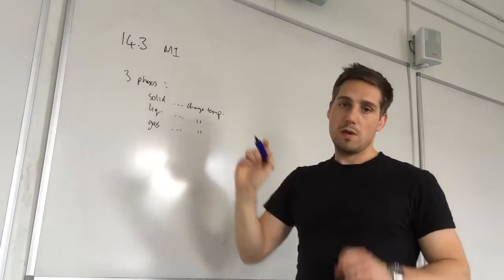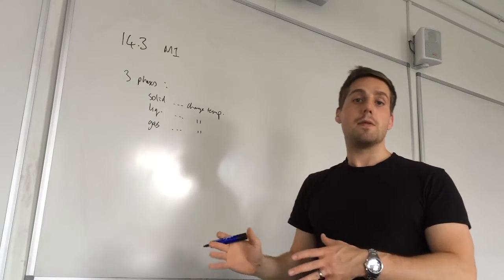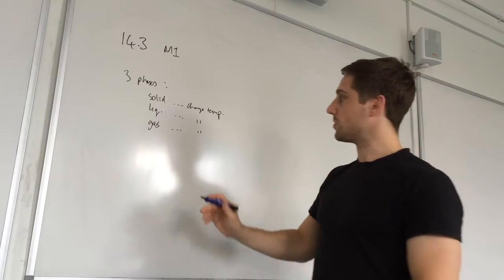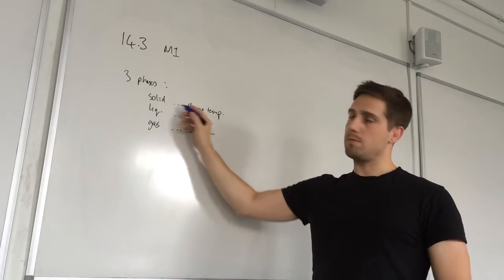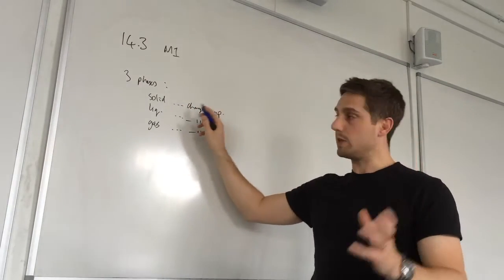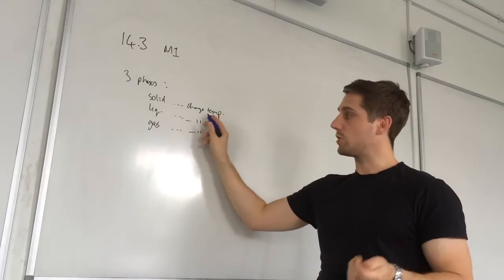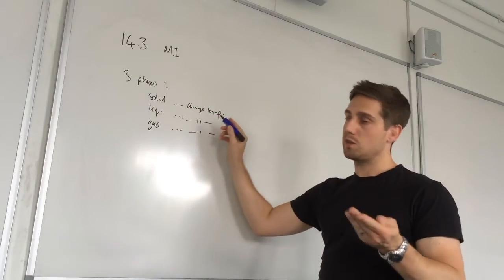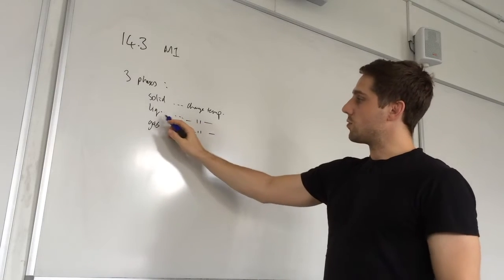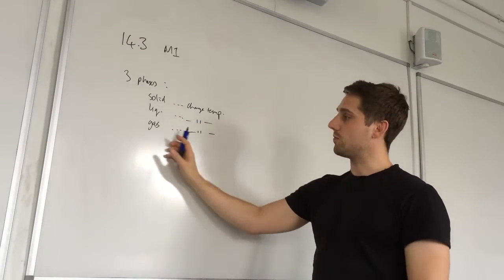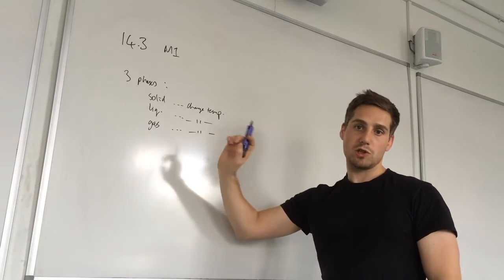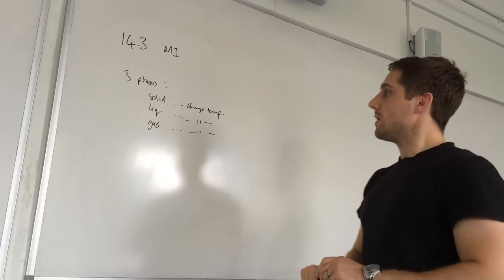But if it changes phase, then there is no change in temperature. So during the time that your block of solid is solid, the temperature will change, and it requires energy to do that. And it requires energy to change the temperature of a volume of liquid. It requires energy to change the temperature of gas.